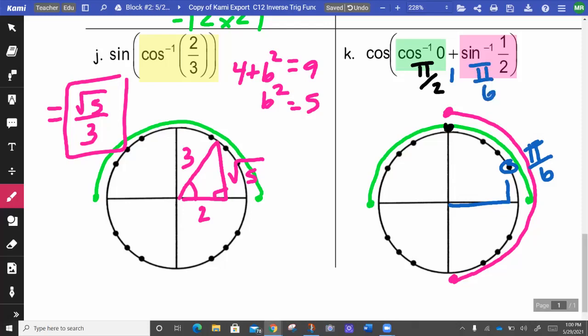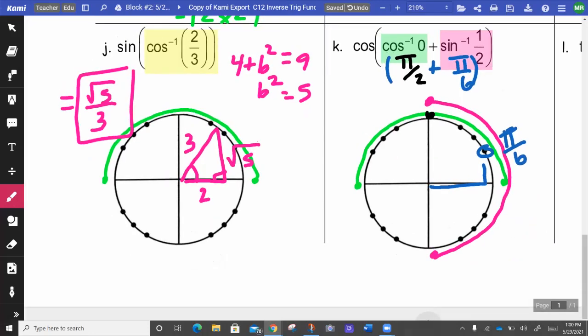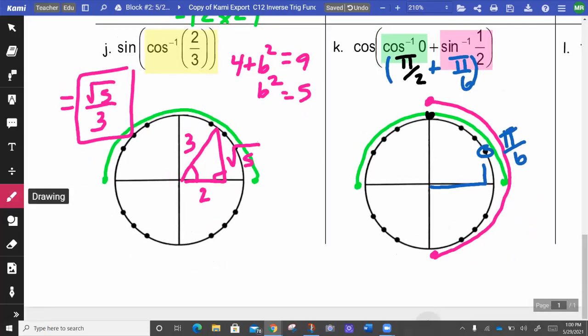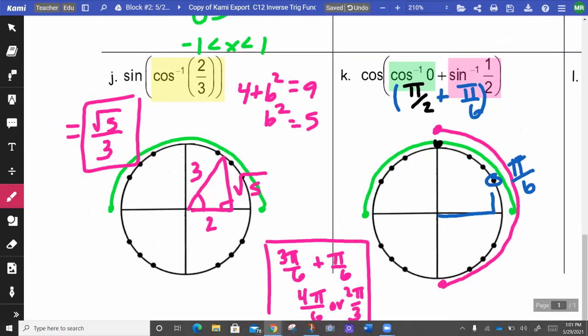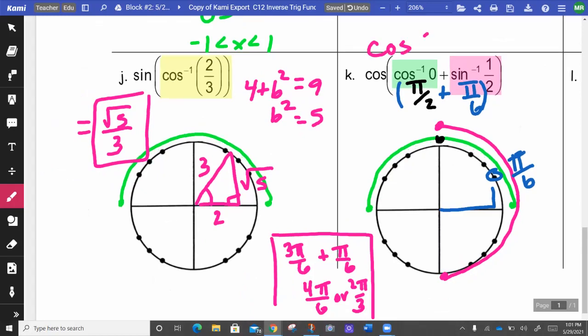So now we're going to actually add these together and see what we get. We want cosine of that. So if I take pi halves, which I can multiply top and bottom by 3, I'll do that down here in this pink box. That's going to be a 3 pi 6 plus pi 6 is 4 pi 6, or 2 pi thirds. So now what I really want is, and I'm going to write it right above it, cosine of 2 pi thirds.